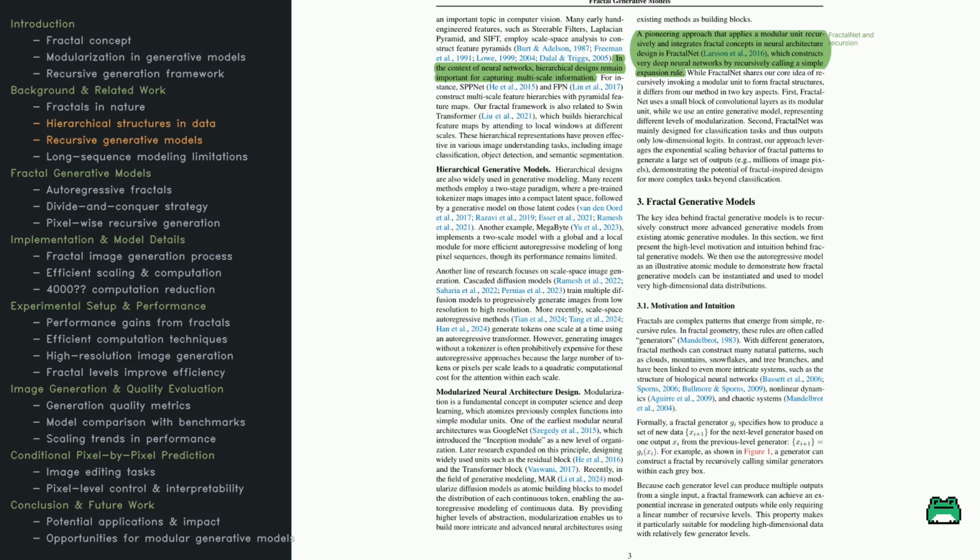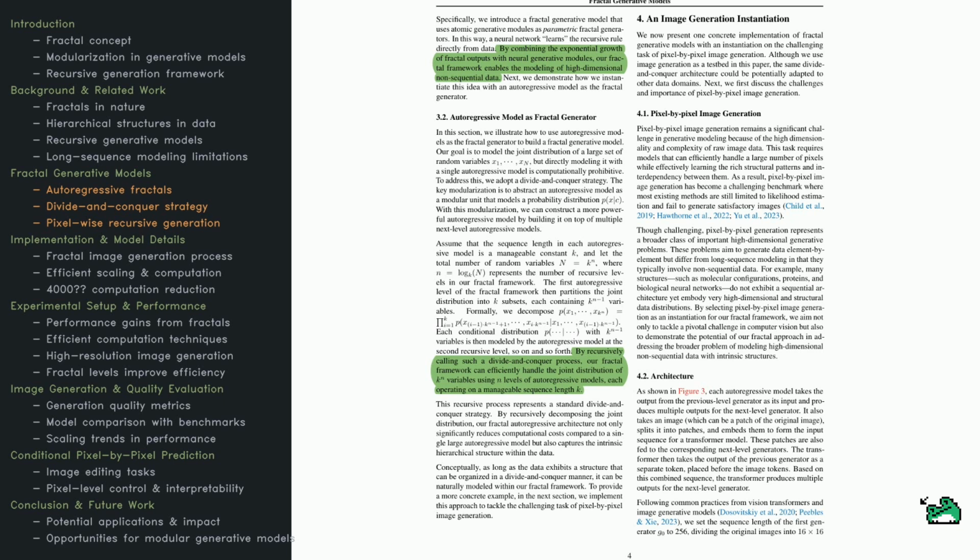By allowing the model itself to invoke smaller generative units, the result is something that can scale exponentially, with only a modest number of fractal levels. All in all, it's a very different way to think about generation. Instead of a classic top-down or bottom-up pipeline, the fractal model uses self-similarity, recursion, and hierarchical design to tackle high-dimensional data more efficiently. How does all this actually work?